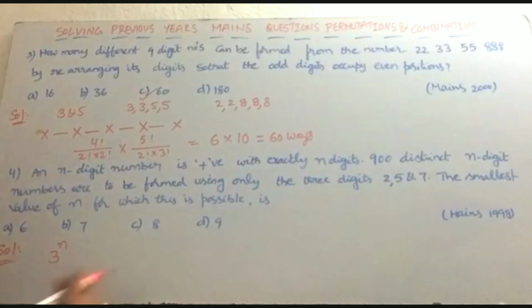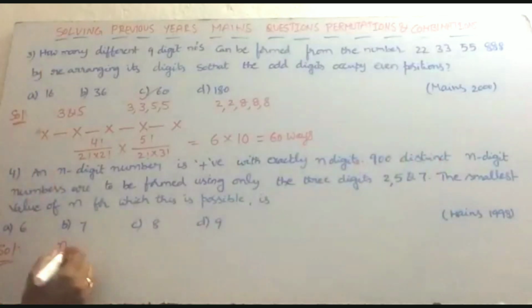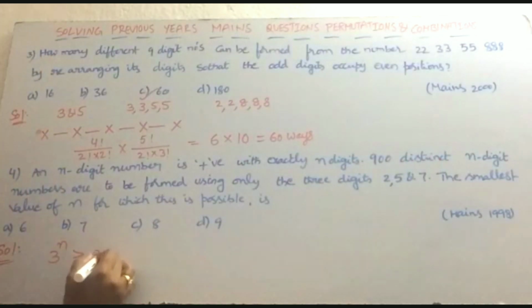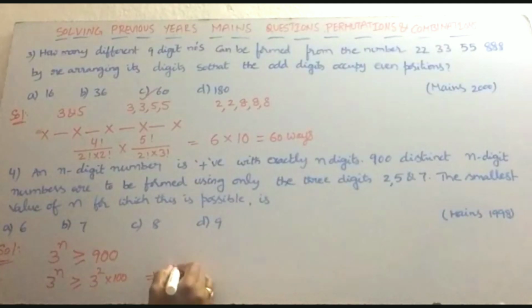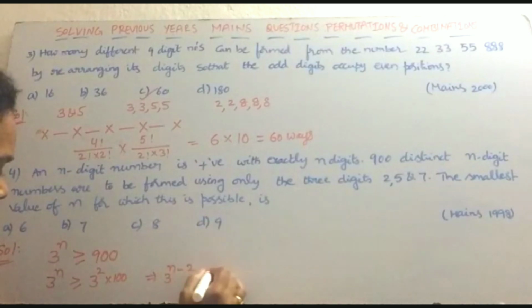So that means which is 900 distinct. So 3 power n is greater than or equal to 900. And now 3 power n is greater than or equal to, I will write 3 square into 100. That means 3 power n minus 2 is greater than or equal to 100.